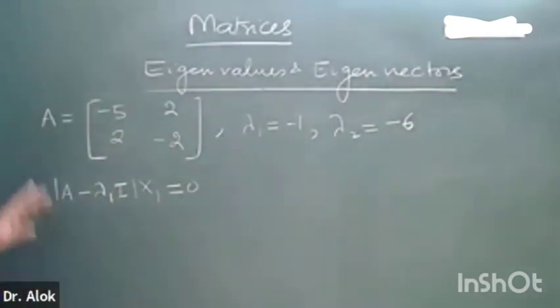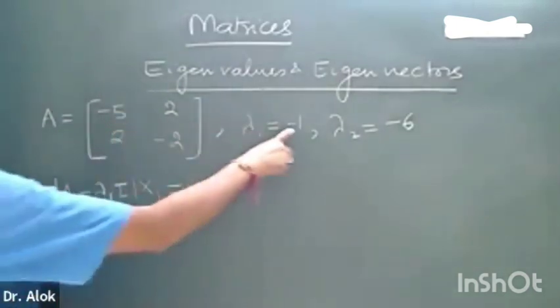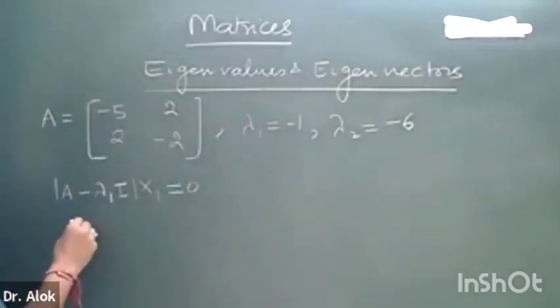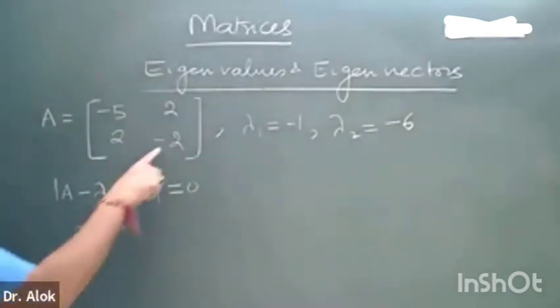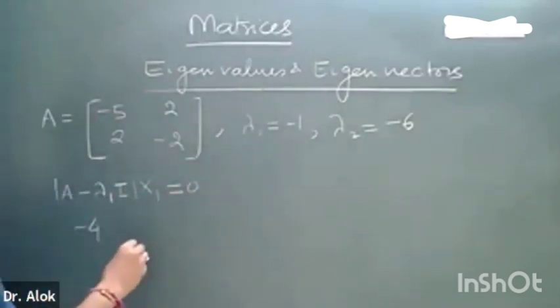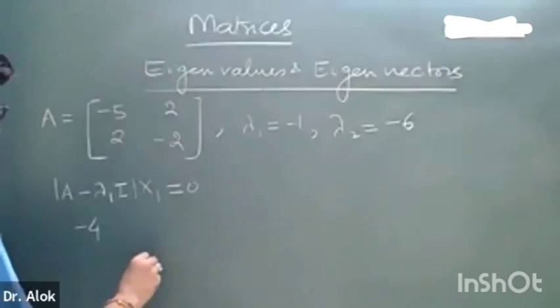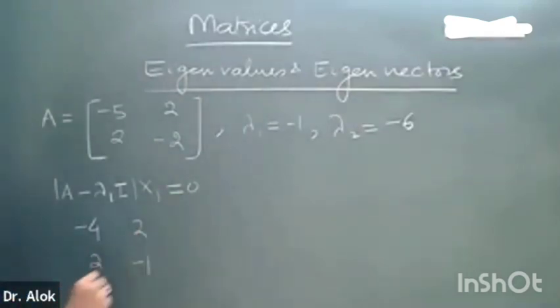Yes, sir. So just get this, A minus lambda 1. Suppose this is -1. So what will you get? -5 minus 1 will be -4, and -2 minus 1 will be -1 (sic), and you will get 2 and 2.